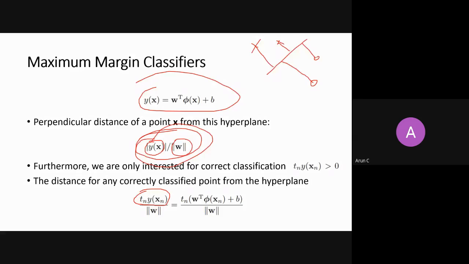So now, what is the perpendicular distance for each of the points? You plug in your formula with yn, and you will get this. So you are getting the perpendicular distance of every point from the hyperplane when it is correctly classified.